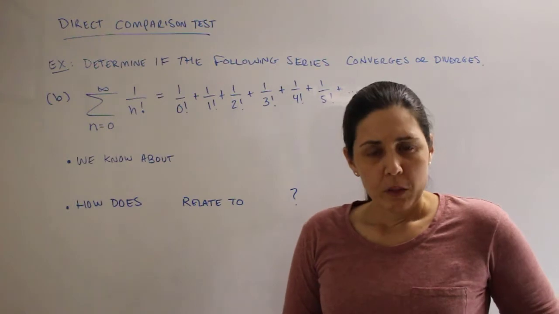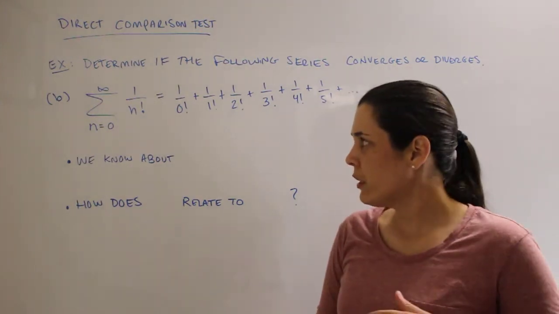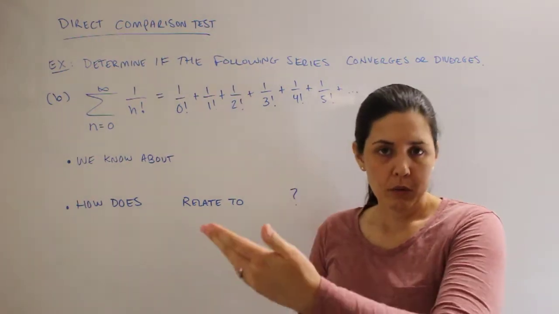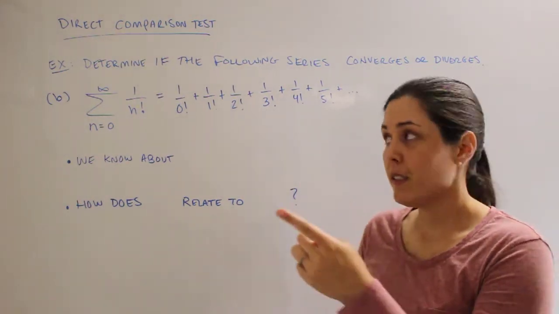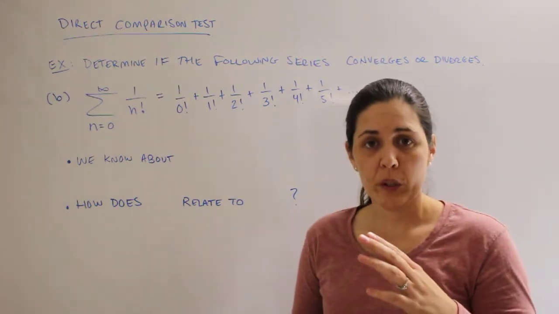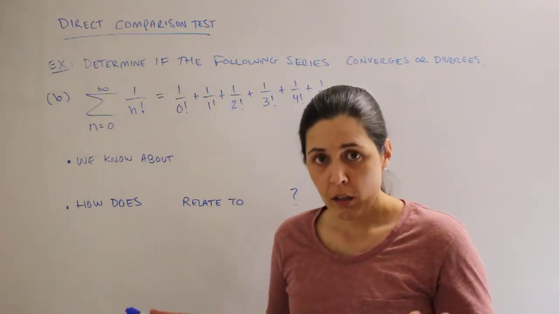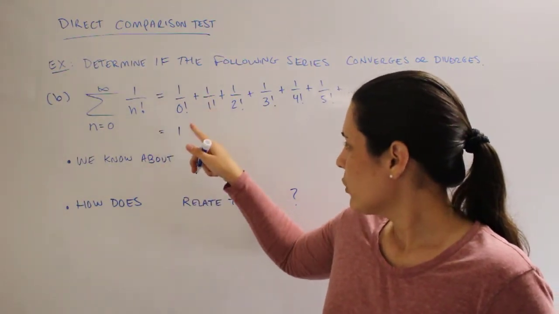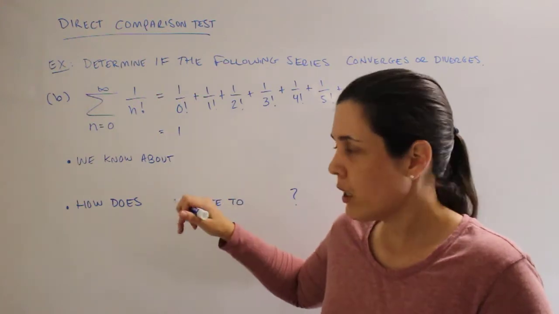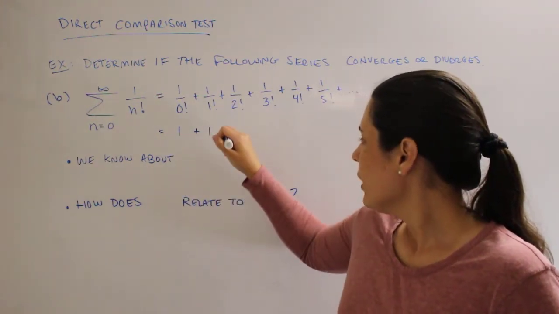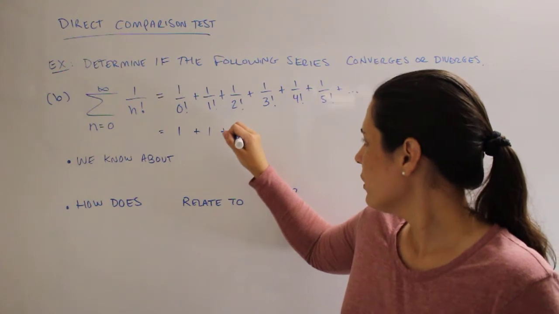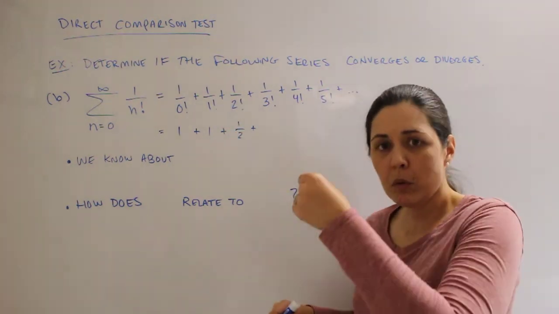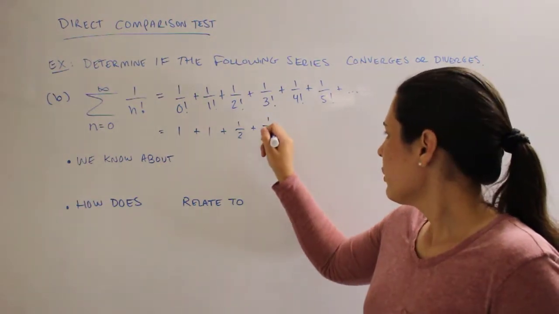If you don't know about factorials, you multiply by the numbers below the number that's listed. The exception is 0 factorial, which by definition is 1. So this is actually 1. 1 factorial is 1, so that's 1 over 1. 2 factorial is 2 times 1, so this is 1 over 2. 3 factorial is 3 times 2 times 1, so this is 1 over 6.